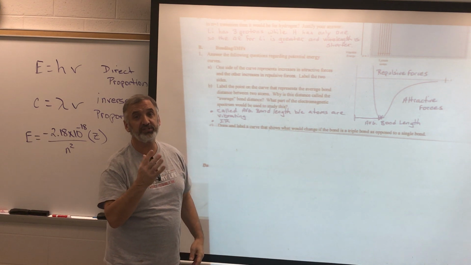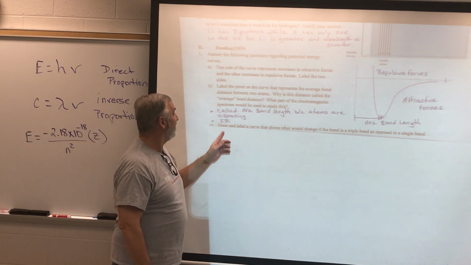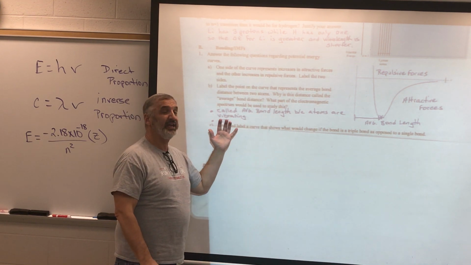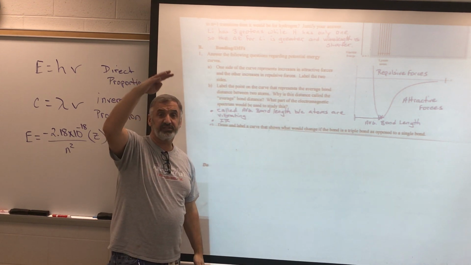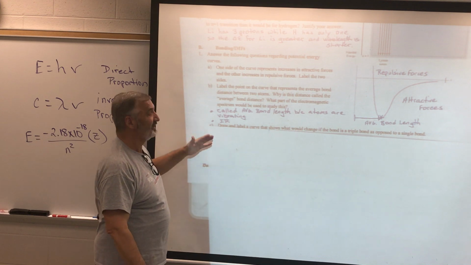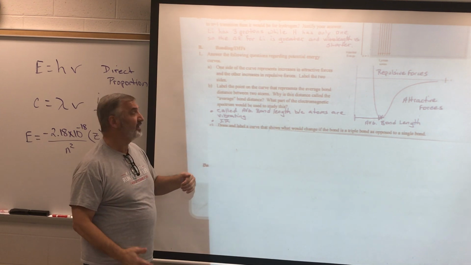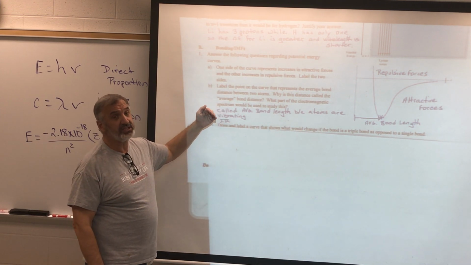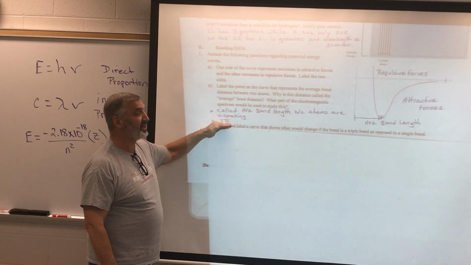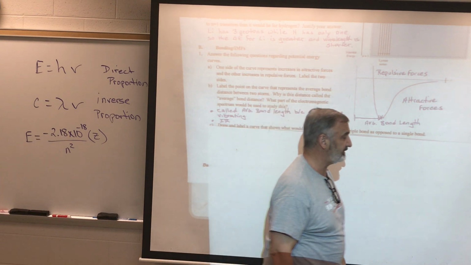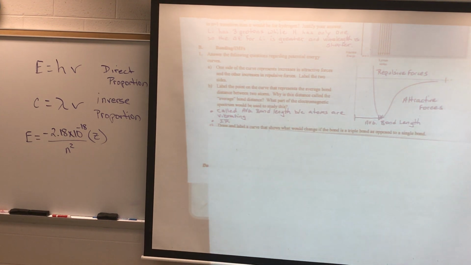So microwaves measure the rotation of molecules, IR measures bond length, and visible light and UV measure electronic transitions, the electrons moving from one energy level to another. I doubt seriously that that would be one of the 2 questions that they chose to ask, because that's pretty random. So I pray that they're not going to do that, but that was something we were going to cover. All right, moving on.